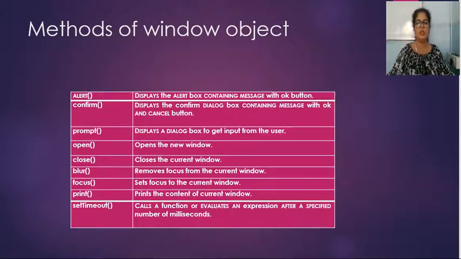Next is methods of window object. Now methods means functions. Again, as I have told you, when you execute your HTML program, it displays your window.